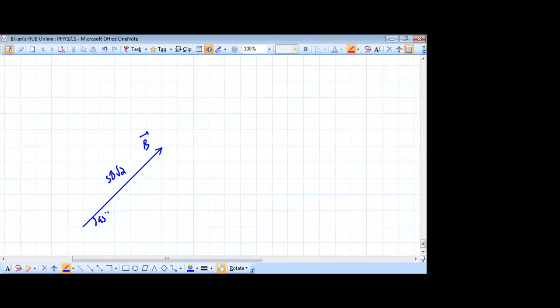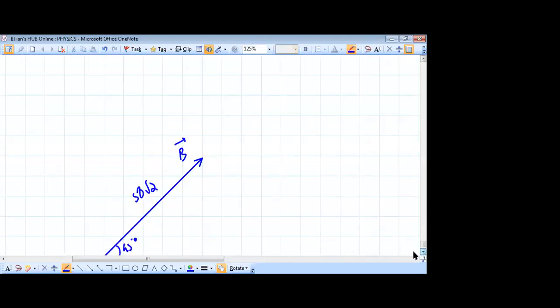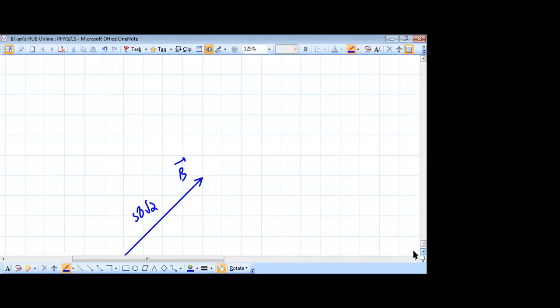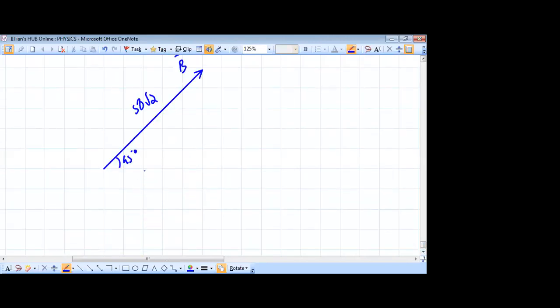I've drawn it exactly to scale in my figure, so it becomes quite easy now. For my vector A, how many boxes? Just 2 boxes like this. This would be vector A, which is 20 in this direction. So my vector A plus B, which is the one I'm trying to find, would be this.